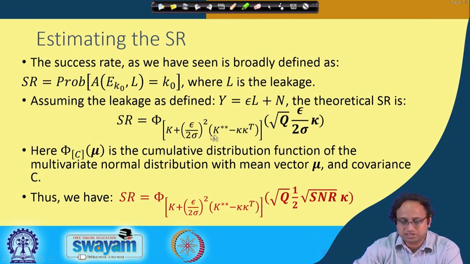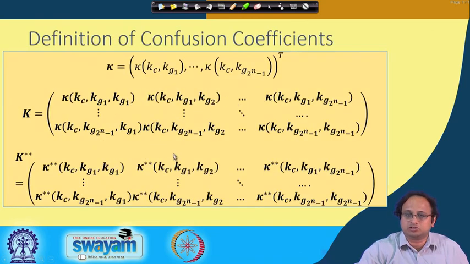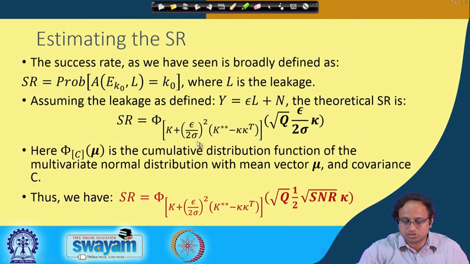If you know k star star and kappa, then you can estimate this covariance matrix. All these things are defined over here. Using them, you can know this covariance matrix. What about this part? This is your mean, which is parameterized by root q into epsilon by 2 sigma into kappa.